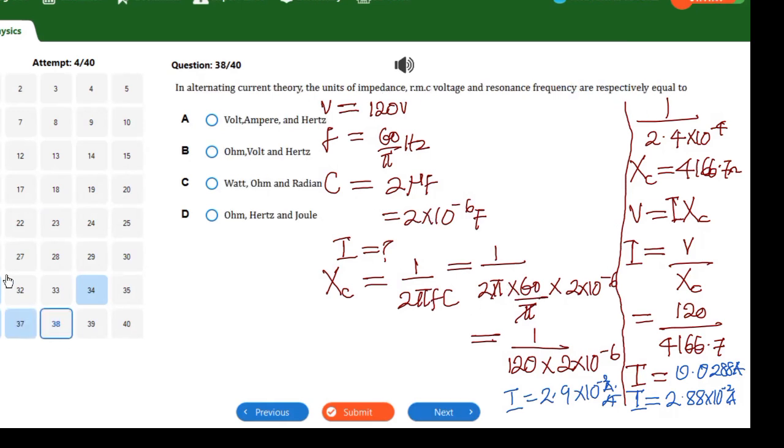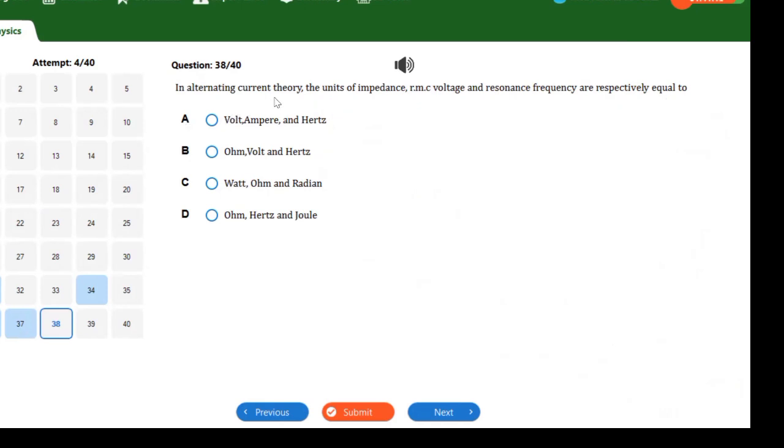Question 38 says, in alternating current theory, the unit of impedance, root mean square value voltage, and resonance frequency are respectively equal to what?